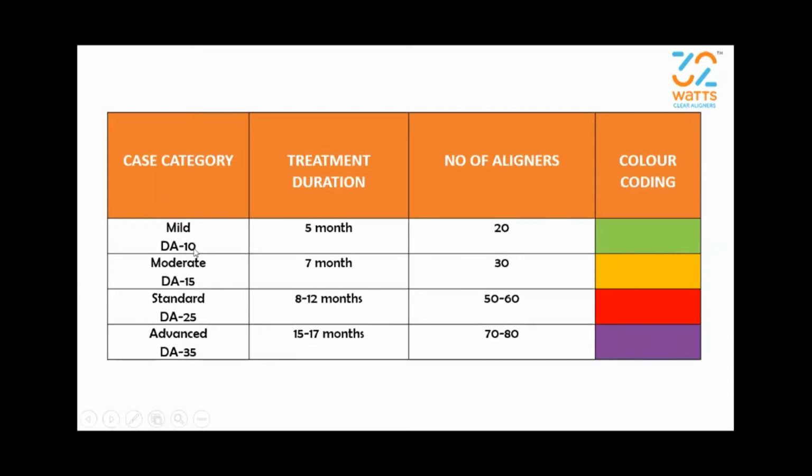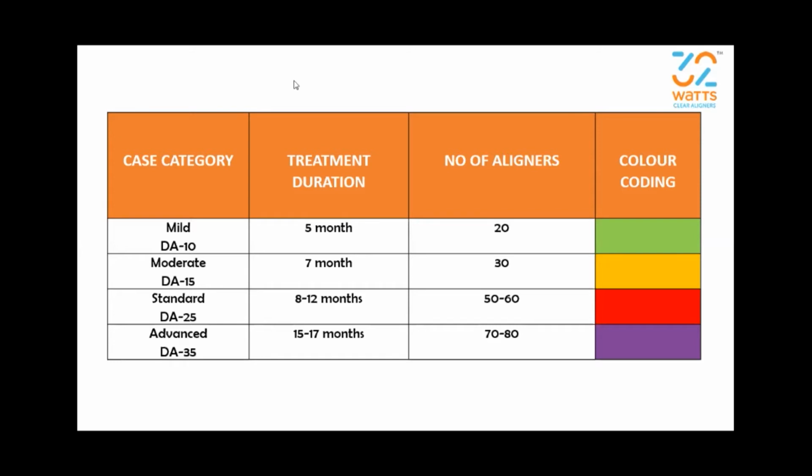For example, a mild category would require approximately 10 aligners per arch. So the treatment duration is 5 months, because the patient is going to wear the aligner for 15 days and then change onto the next set of the aligner.